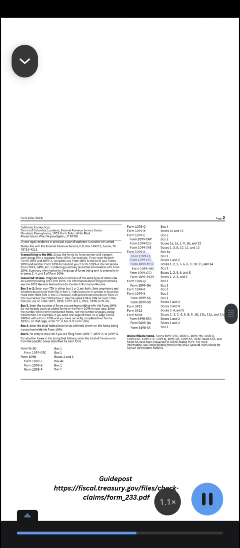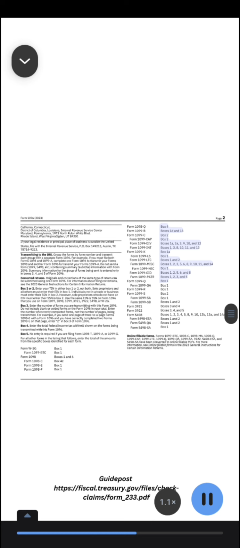Form 1099-LS, Form 1099-LTC, Form 1099-MISC. Form 1099-NEC, Form 1099-OID, Form 1099-PATR, Form 1099-Q. Form 1099-QA, Form 1099-R, Form 1099-S. Form 1099-SA, Form 1099-SB, Form 3921, Form 3922, Form 5498. Form 5498-ESA, Form 5498-SA.